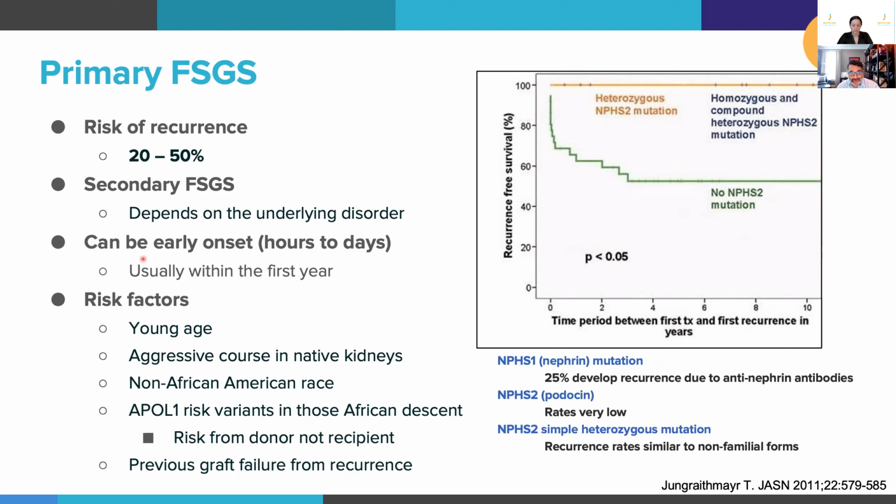Recurrence in primary FSGS can be very early in onset and sometimes within hours. So within a day of the patient getting transplanted, we'll sometimes see the development of this protein spilling the next day. And usually it does occur within the first year. If it occurs that early, it's thought to be related to what we've called the circulating permeability factor.